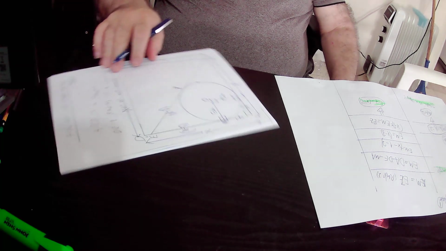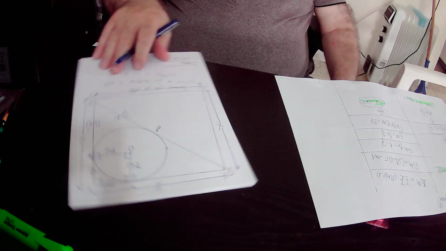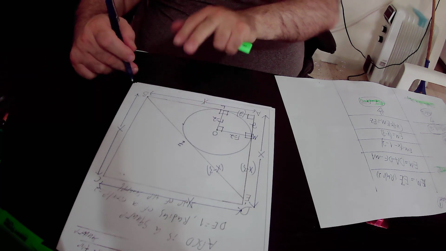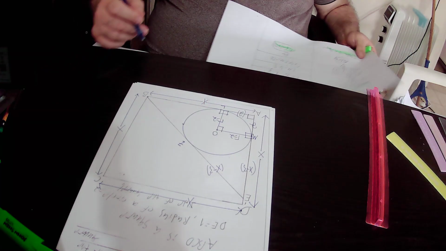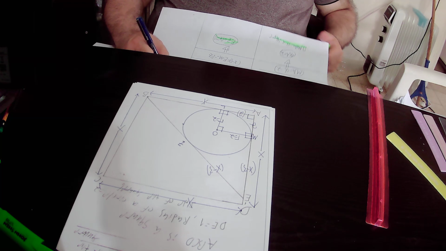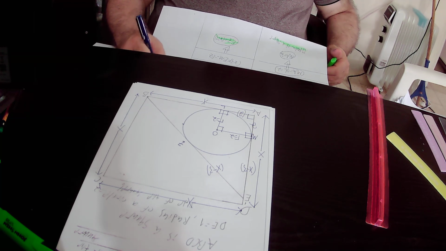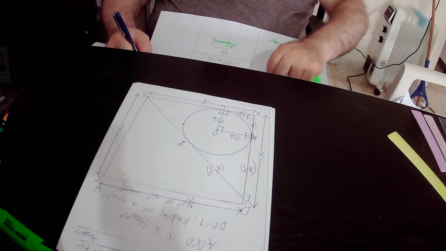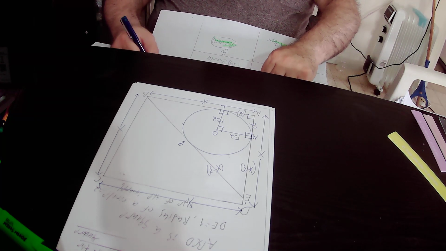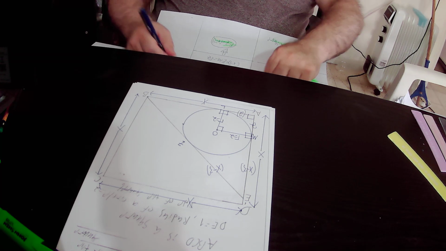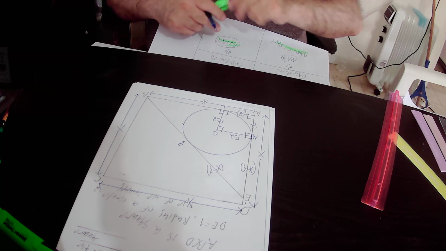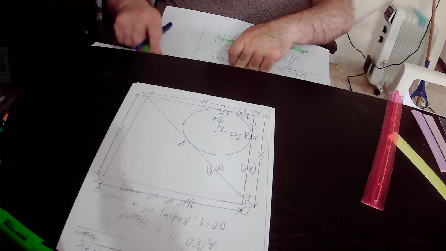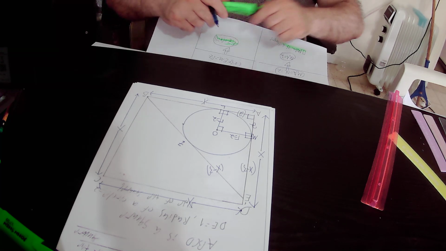In the next step, we will focus on the common external point B. Okay. From the common external point B, we have two tangents to this circle.